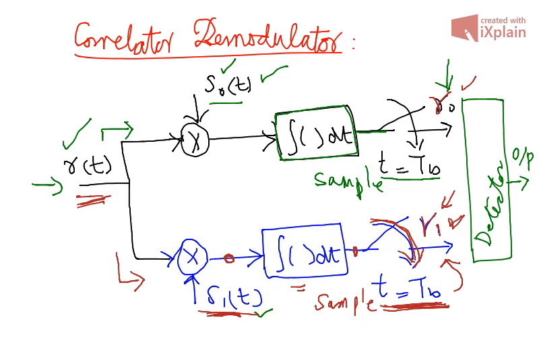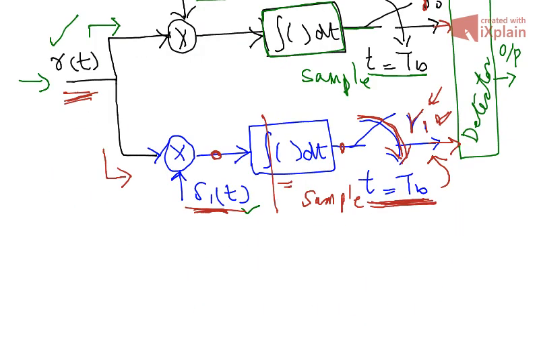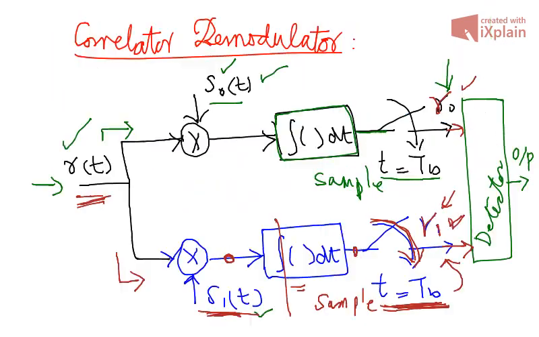Based on these values, which are input to the detector, a maximum likelihood detector that we will discuss later, the detector decides whether the received signal is S0 or S1.